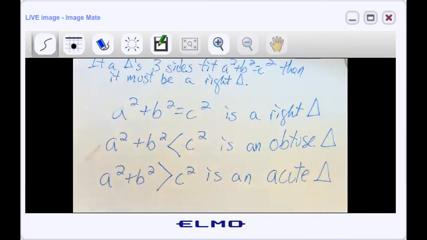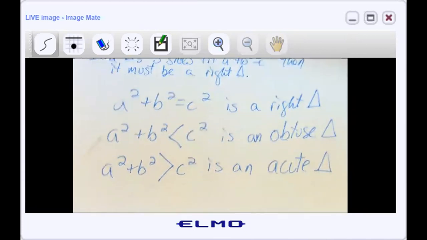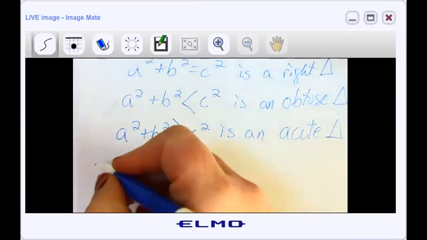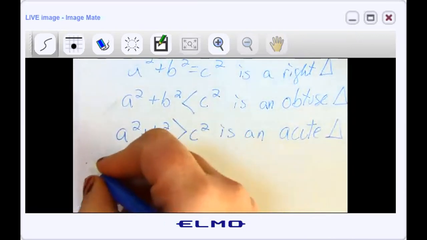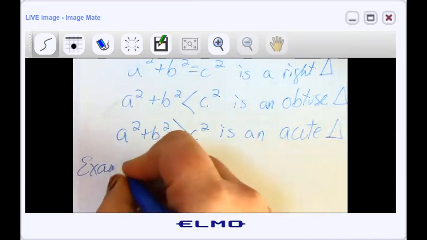So let's go ahead and test this. Let's take a triangle that we know is acute. For example, an equilateral triangle, right? I know the angles are 60, 60, and 60, so I know that it's got to be acute. Let's see if it really does work. Okay, so let's do examples.